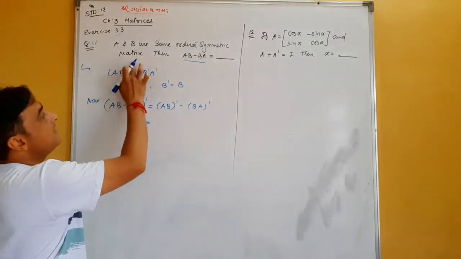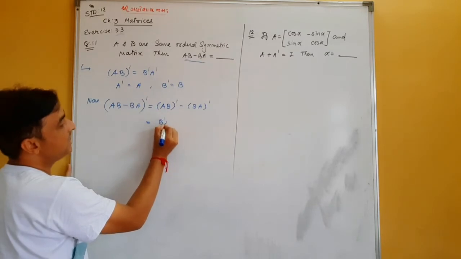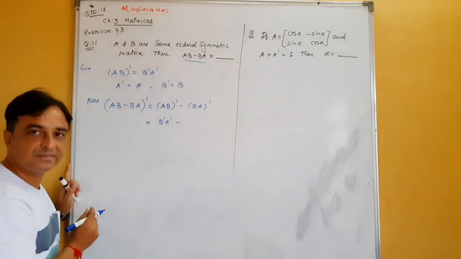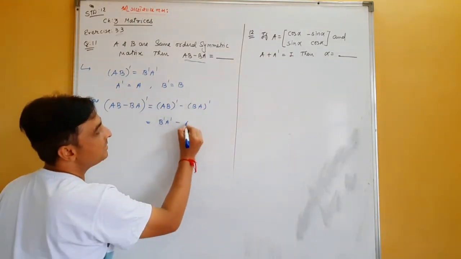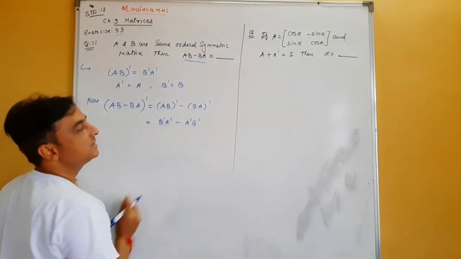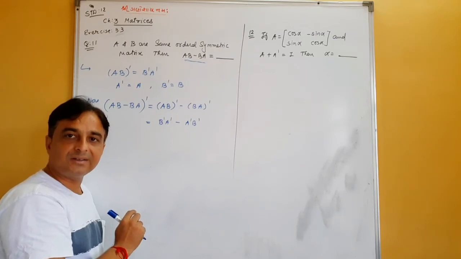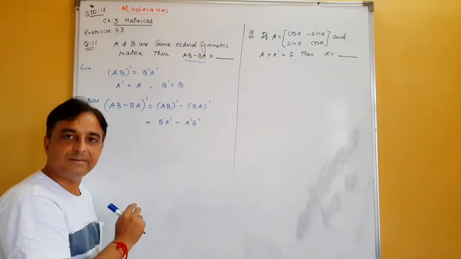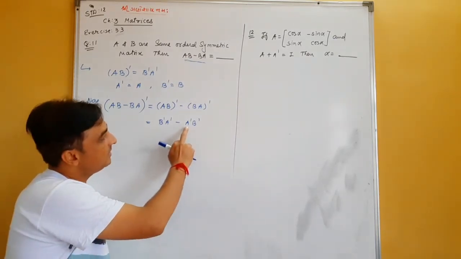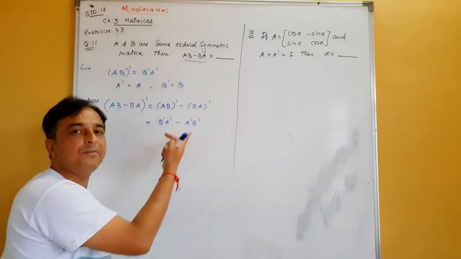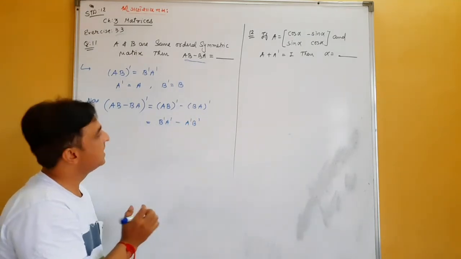Now we know (AB) dash is B dash A dash and (BA) dash will be A dash B dash. So whenever we find the transpose of a product, the order of multiplication will change.